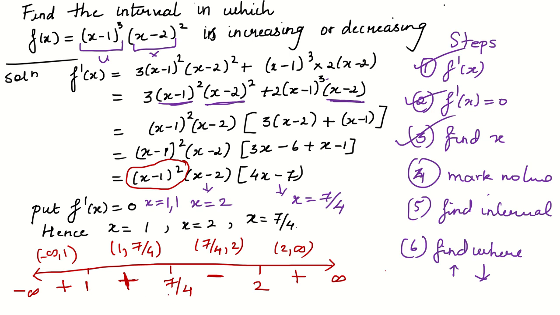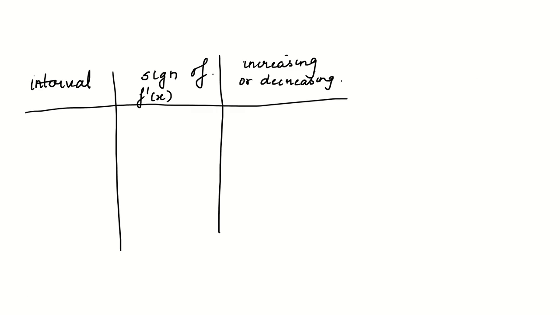After this, you are going to find the sign of f dash of x. Write the intervals here: minus infinity to 1, 1 to 7 by 4, 7 by 4 to 2, and 2 to infinity.